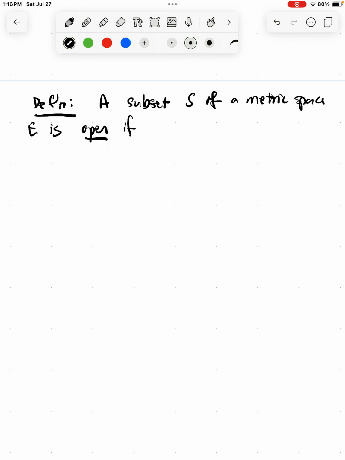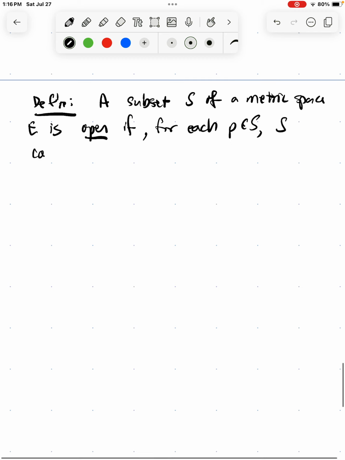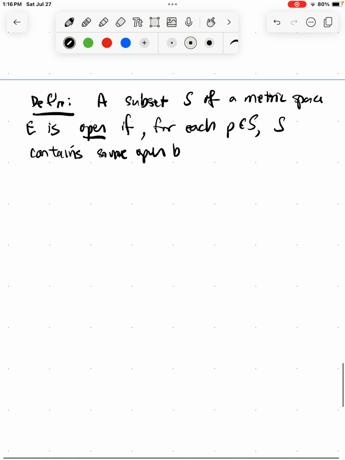So this leads to the next definition. A subset S of a metric space E is called open if for every element P in S, S contains some open ball of center P. And we'll see that every open ball is an open set.